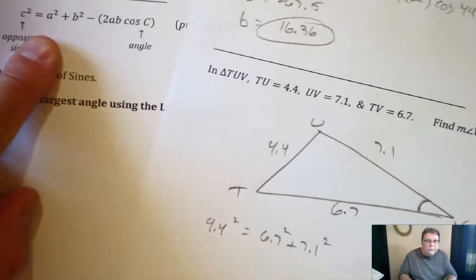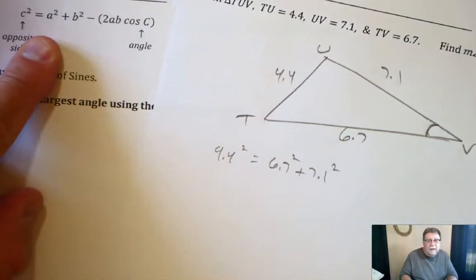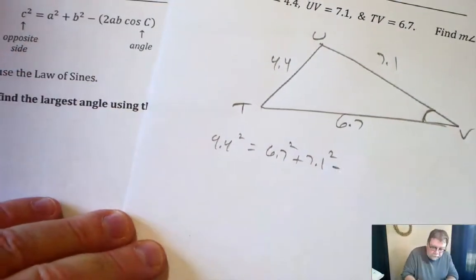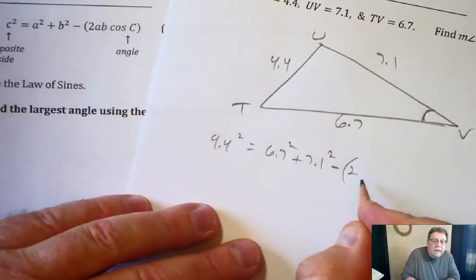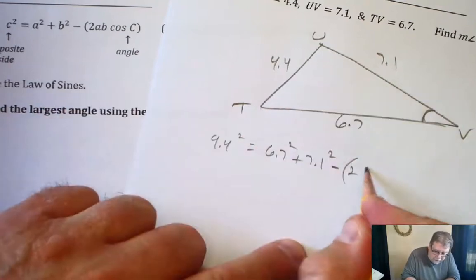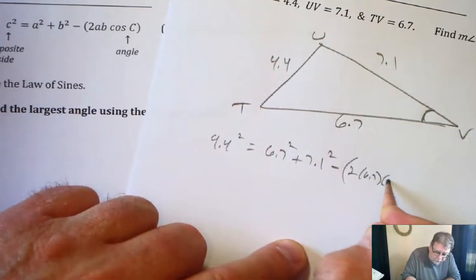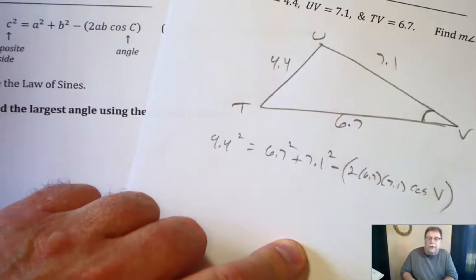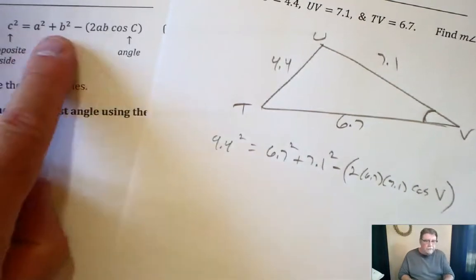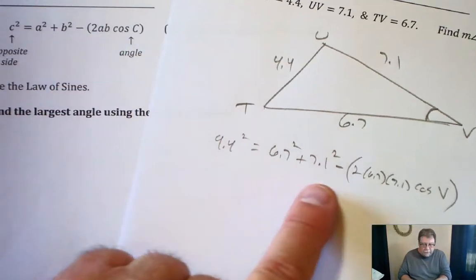Minus parentheses 2 times 6.7 times 7.1 times the cosine of V, which I don't know. So I just followed the formula here, and I typed the numbers in place.